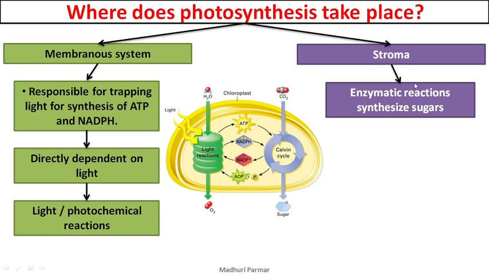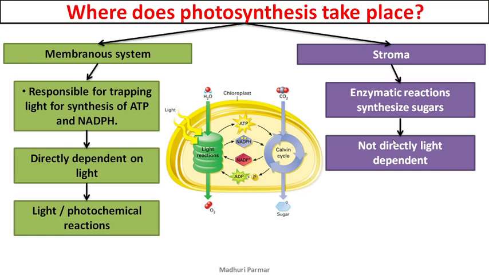The second part of the photosynthesis takes place in the stroma. It is all the enzymatic reactions which are the reason for synthesis of sugar. These enzymatic reactions are nothing but your Calvin cycle, which we shall study in coming lectures. So Calvin cycle is basically made up of multiple enzymes which convert carbon dioxide into sugar.